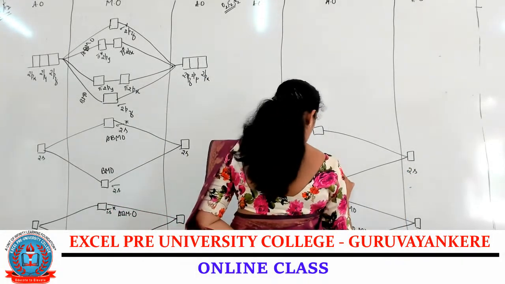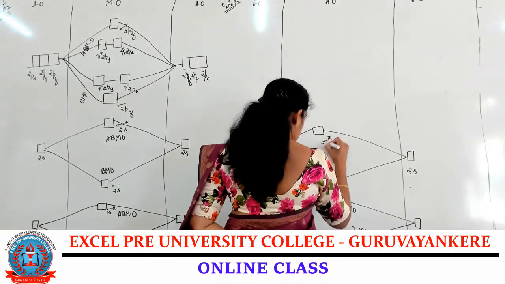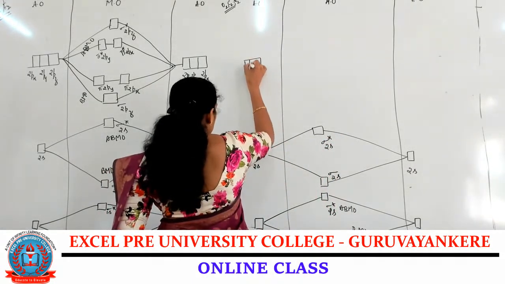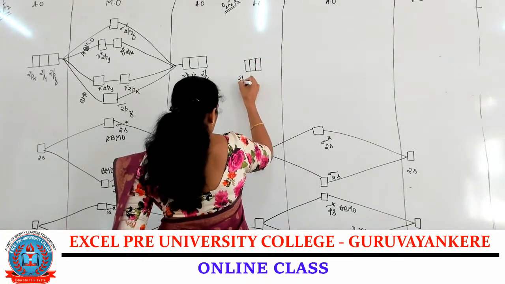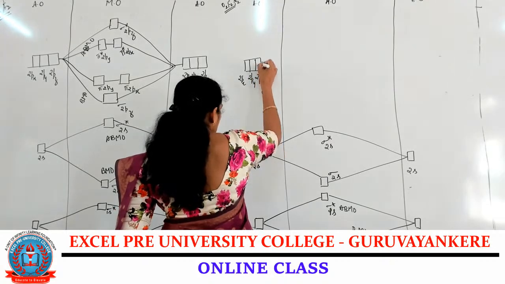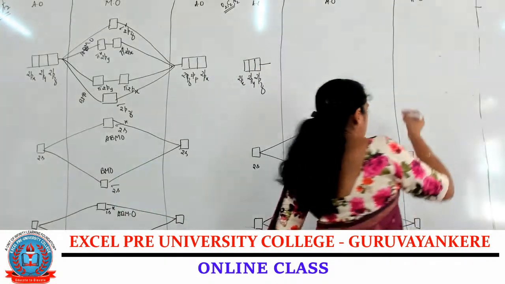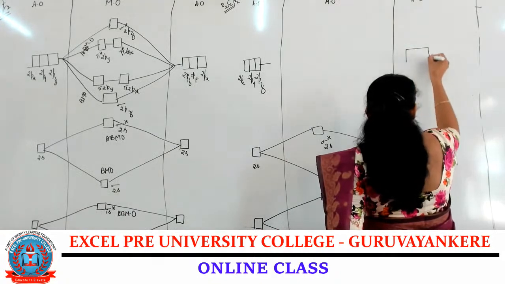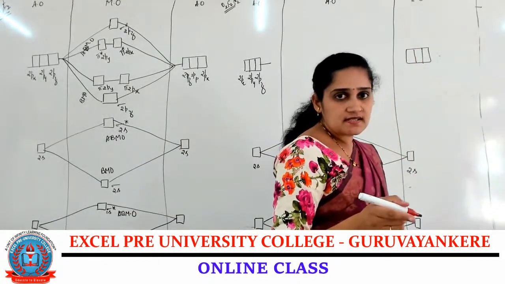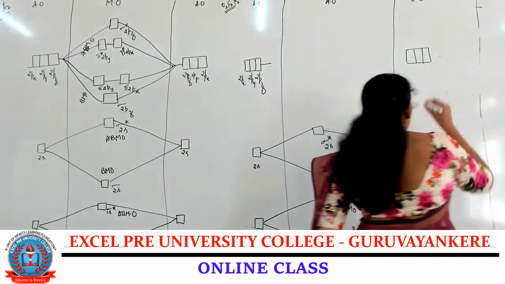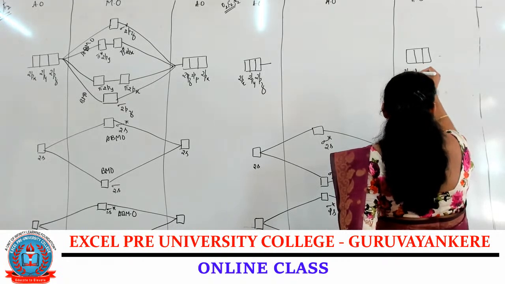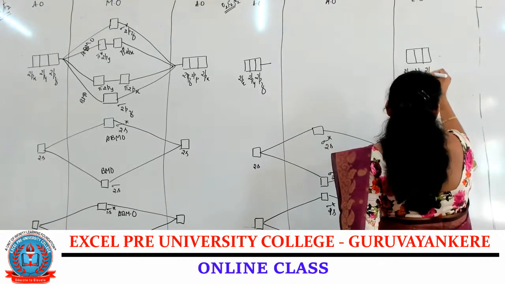Sigma 2s, sigma star 2s. 2px, 2py, 2pz. All the orbitals are degenerate orbitals. But these degenerate orbitals combine with each other, 2pz with 2pz only, and it forms a symmetrical one. 2pz, 2py, 2px.